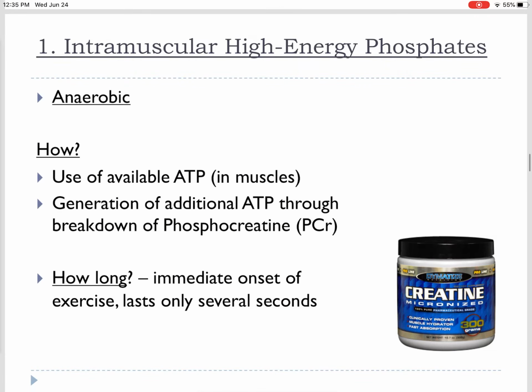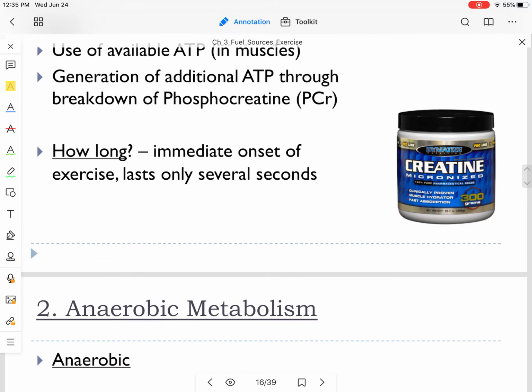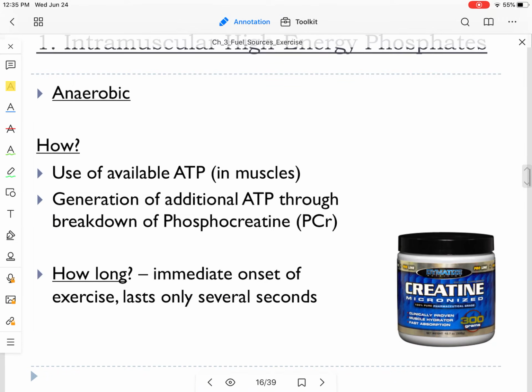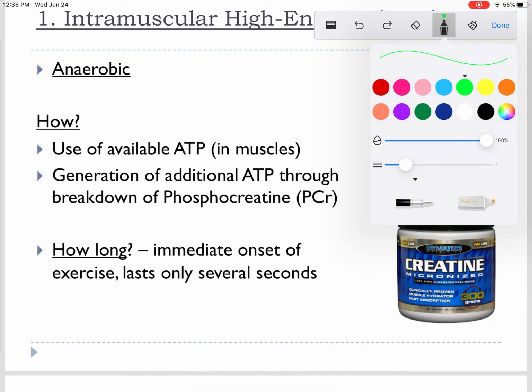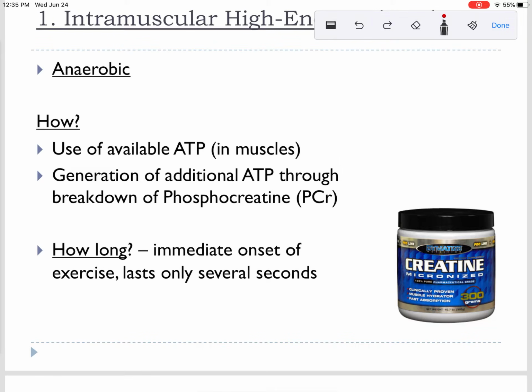Let's talk about our first one, the intramuscular high-energy phosphates. As we said, this series of chemical reactions happens first. We know that it's anaerobic. You don't have to know how, so don't worry about these specific steps.